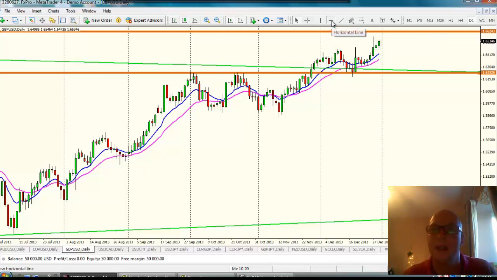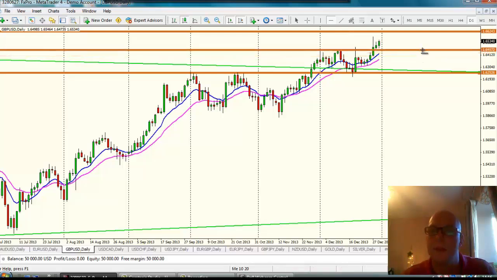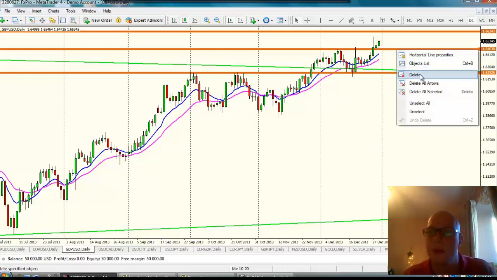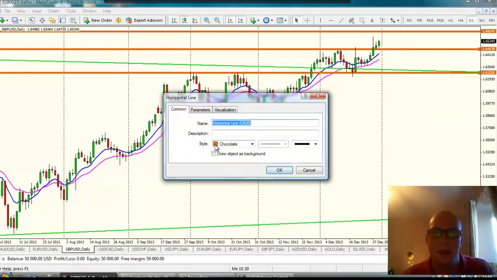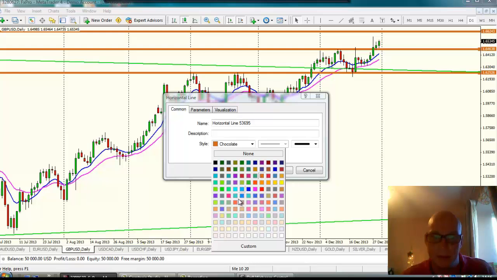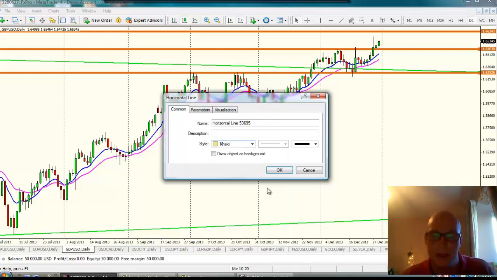I will then look at my daily levels, which is there.